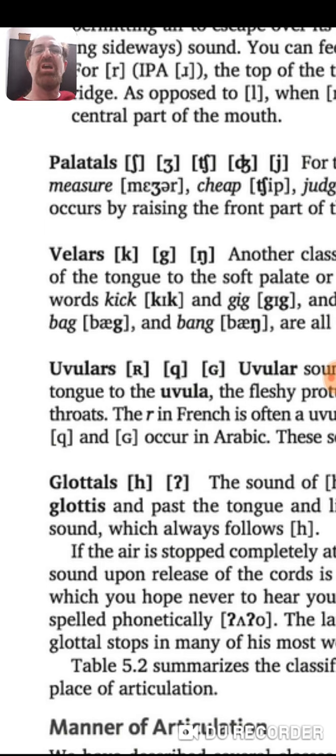What do you say? Say غار, ghar. Why? Because only Farsi does not have this sound. Arabic does have it, and French does have it.